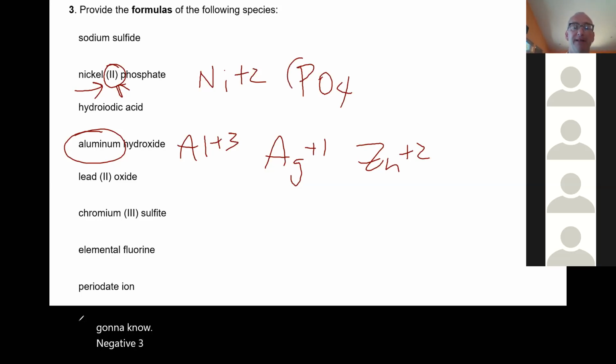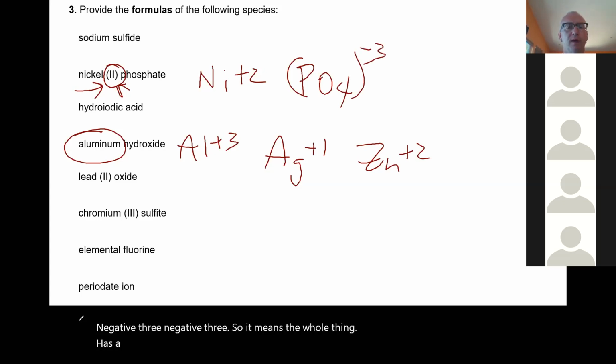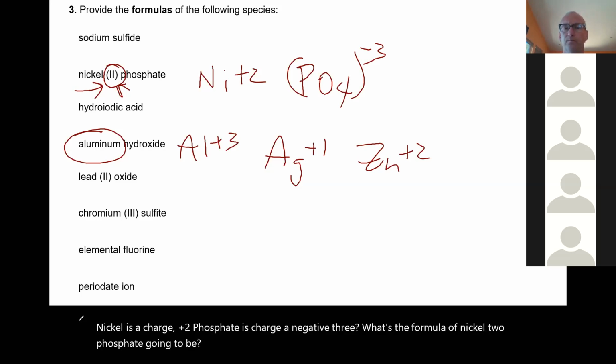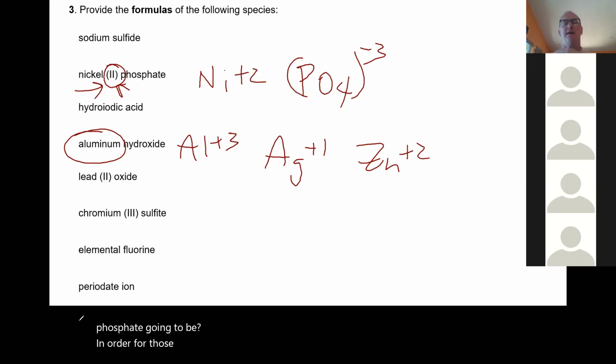So the whole thing has a charge of -3. Nickel has a charge of +2, phosphate has a charge of -3. What's the formula of nickel(II) phosphate going to be, in order for all the charges to balance out? Ni3(PO4)2. Excellent.